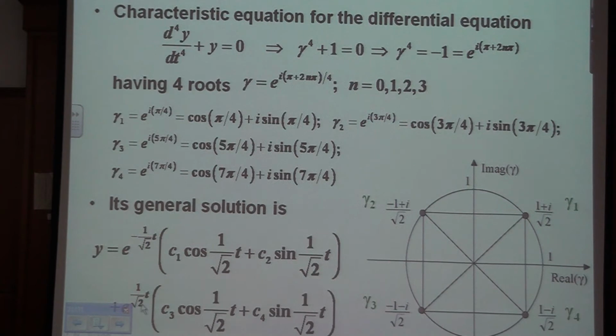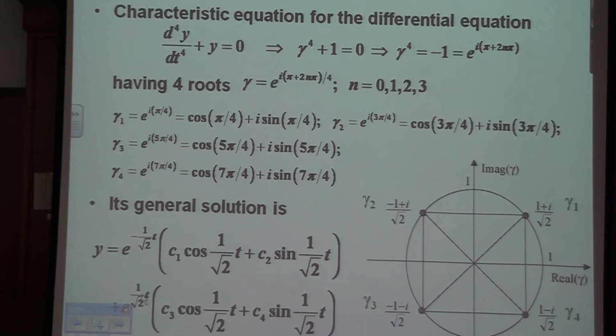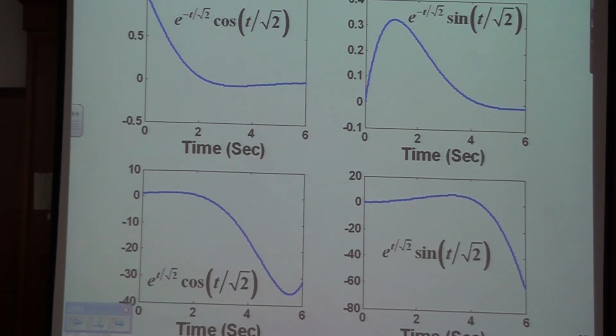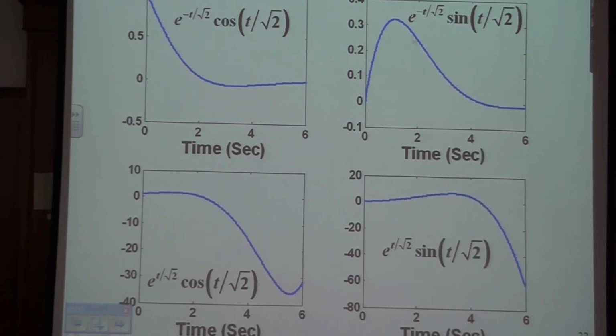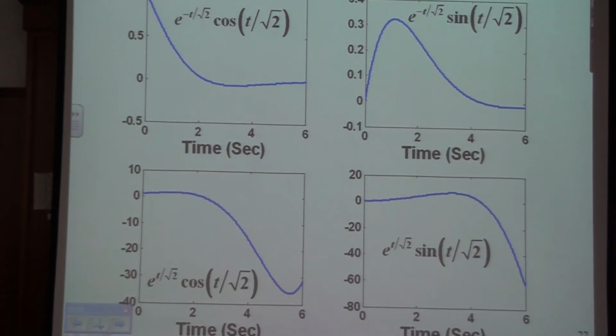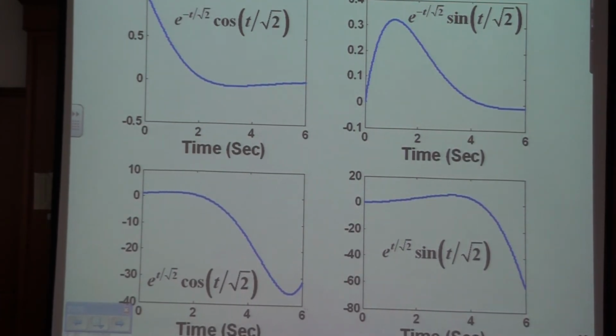Now, these roots, later on I will show you, are nothing but the eigenvalues of a matrix, and that matrix represents the system. Like this, see? The negative real roots, we don't worry about because they will decay to 0. The positive real root is going to grow. See? In only about 6 seconds it grows to minus 30. And this one, the same thing, going to grow.